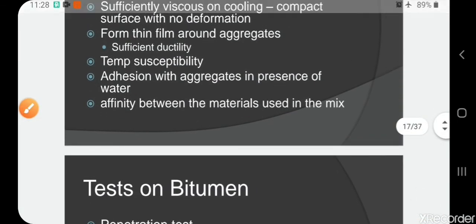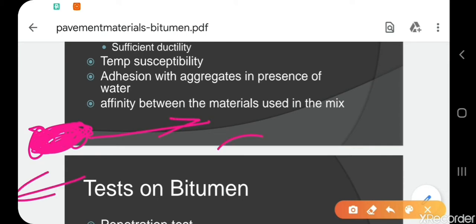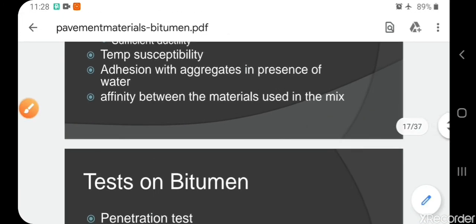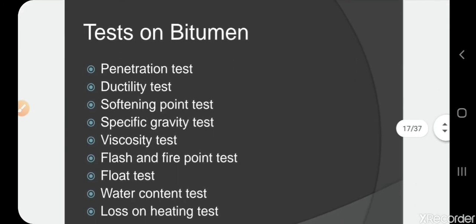Next, sufficient ductility. When we consider ductility, if the bitumen is in a round shape or any shape, when subjected to tensile force, it should be ductile in nature. And we conduct a ductility test on bitumen. Next, tests on bitumen. What are the tests?